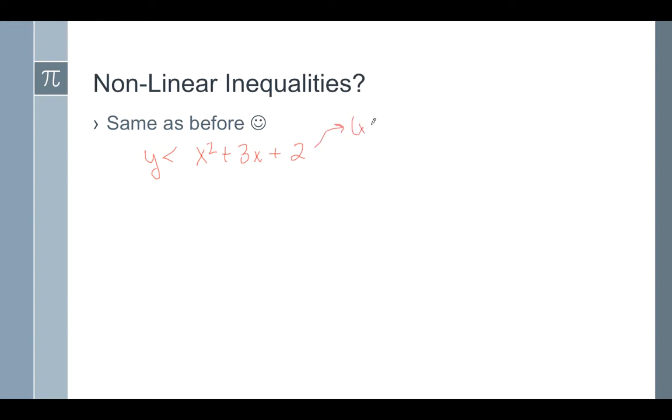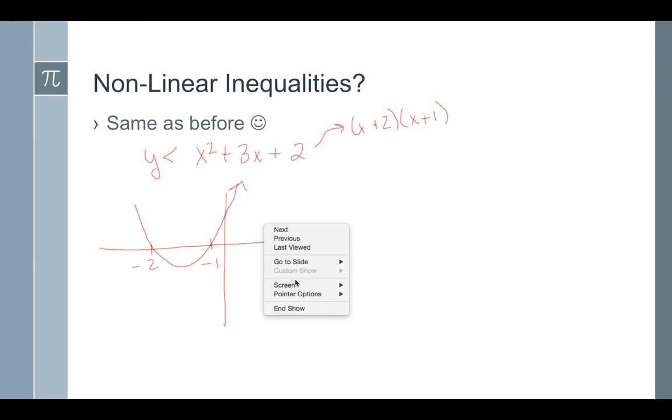Now I hope some of you can graph this quickly. This is the function x plus 2 times x plus 1. So if I was to graph this, I'd have x-intercepts of -2 and -1. It's a positive quadratic, and therefore it goes like this, but I just messed that up because it's not a solid line.